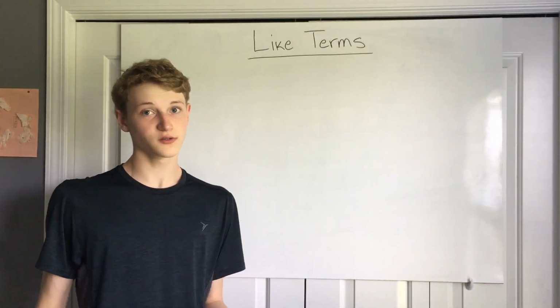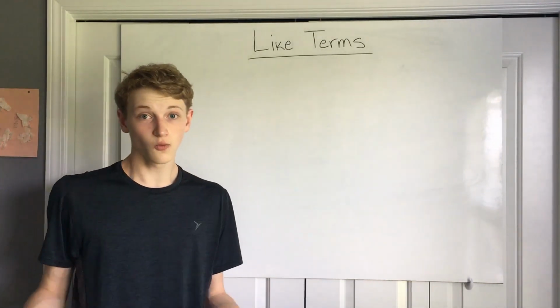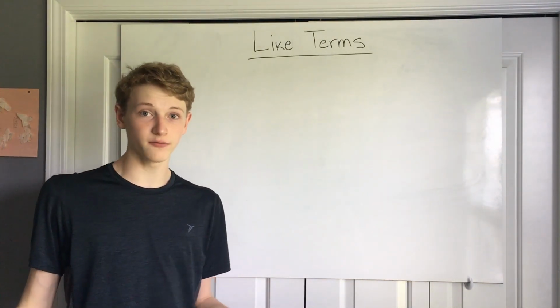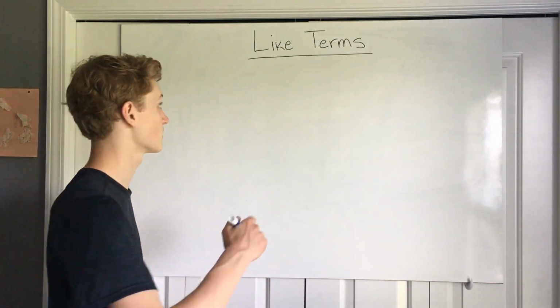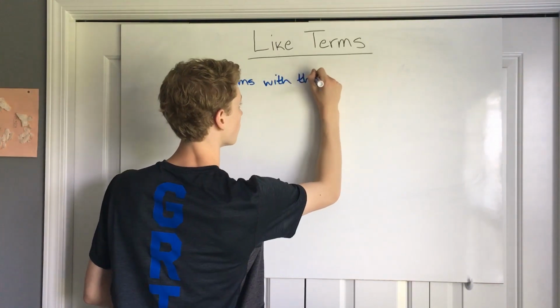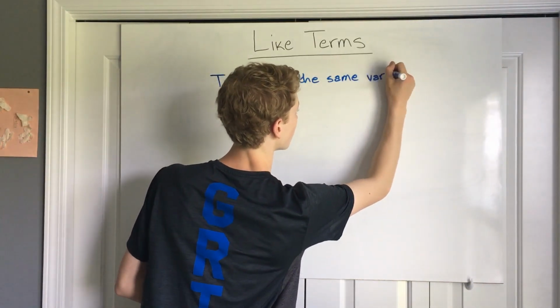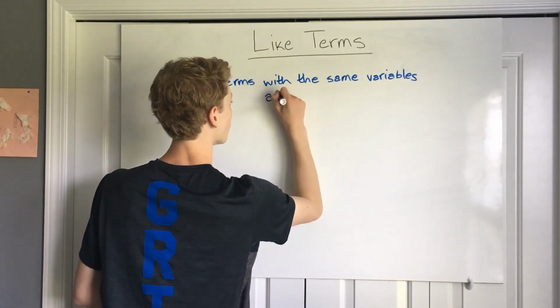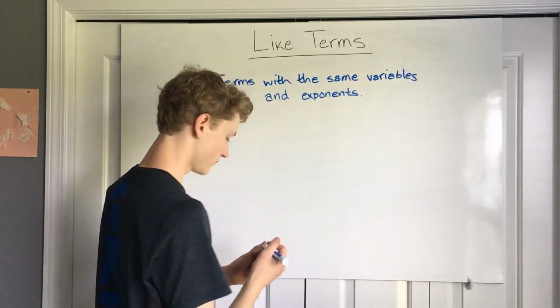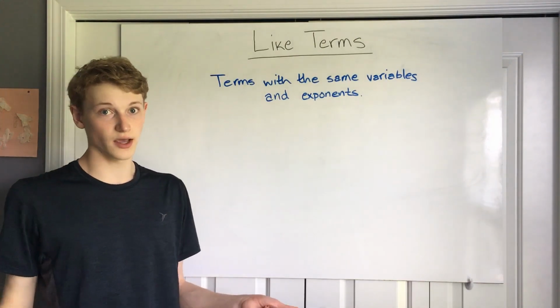So to finish, we're going to talk about like terms. So what are like terms? They're really just terms that have the same variables and same exponents. So like just means the same.